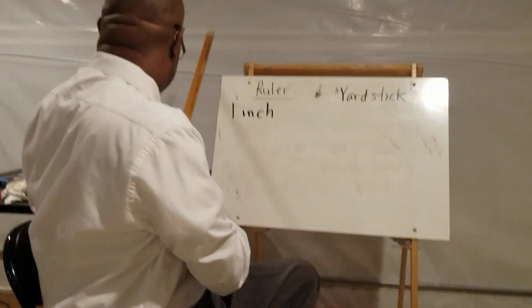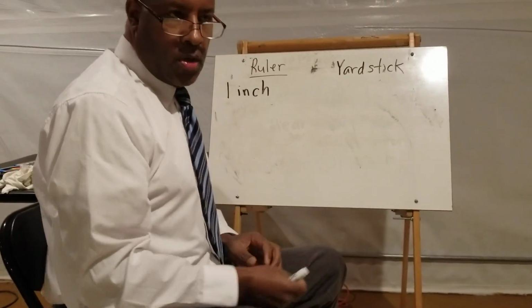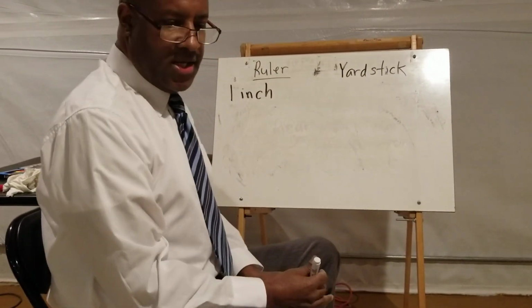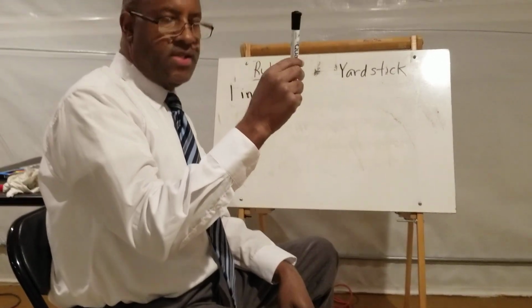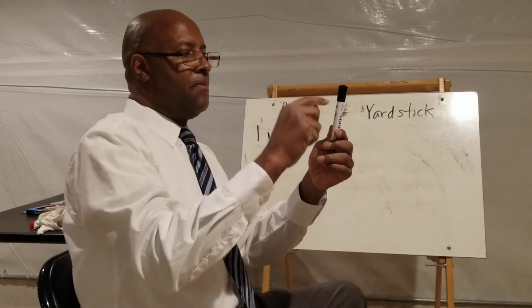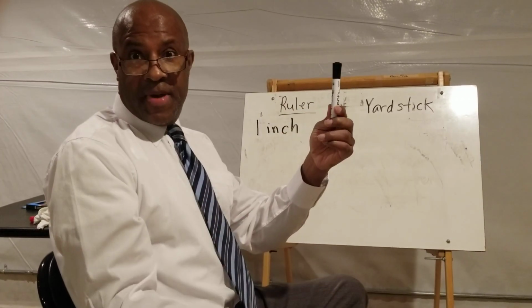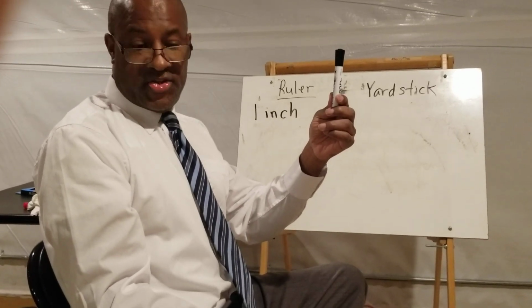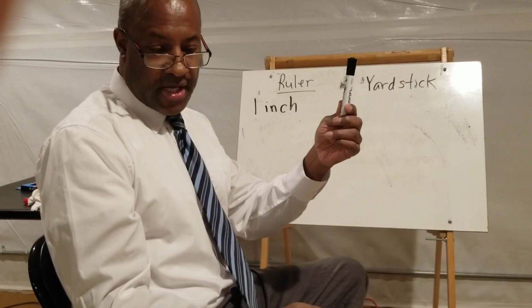Then you say, okay, what's something in the real world that we could say is pretty much 1 inch? Let's take a look at this black tip here. If you look from the top to the end of this black tip, that's basically how long 1 inch is.